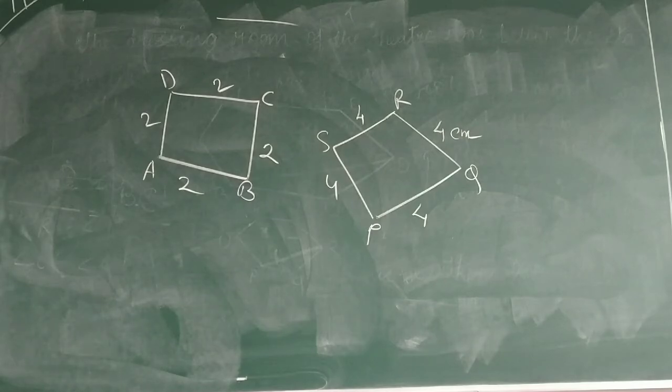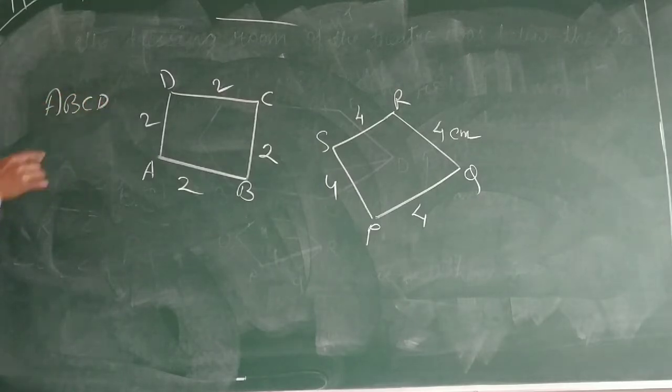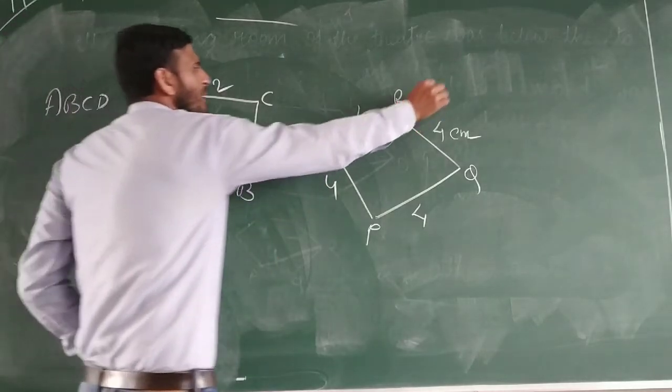Here it is square ABCD, and that is the rhombus PQRS.